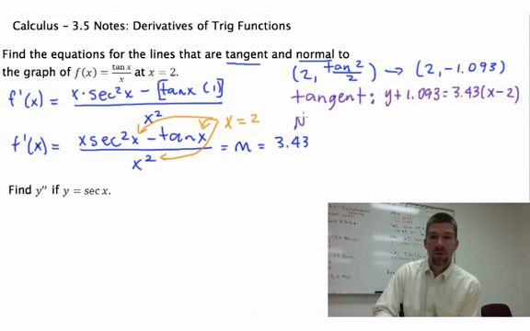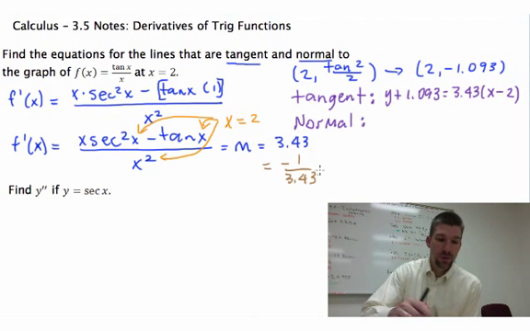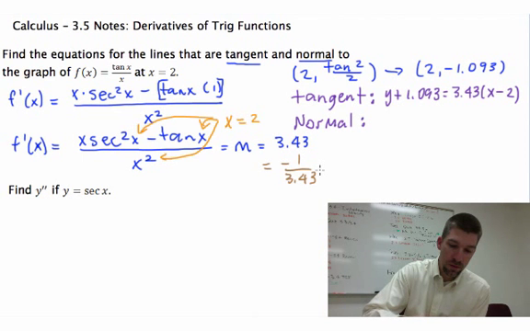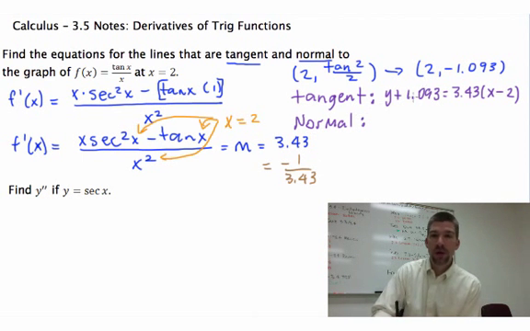I'm happy. Remember, with normal, that's going to be the perpendicular. That's going to be perpendicular to the slope. So that's going to be the opposite reciprocal. So when I look at the opposite reciprocal, I get 0.291.